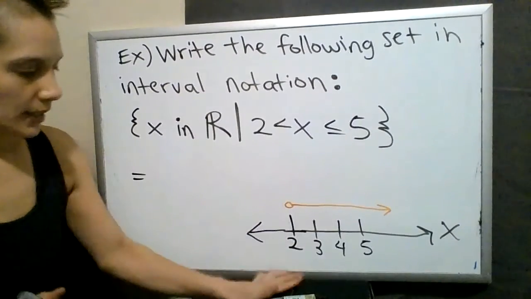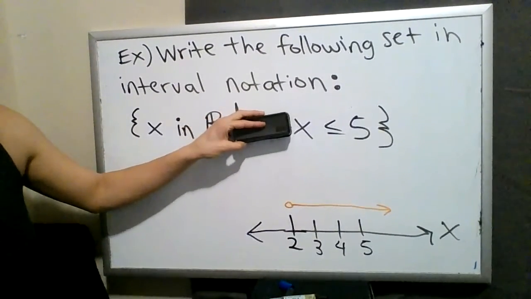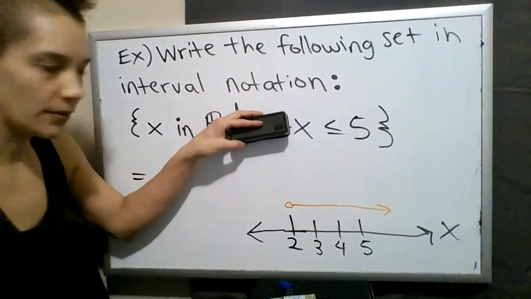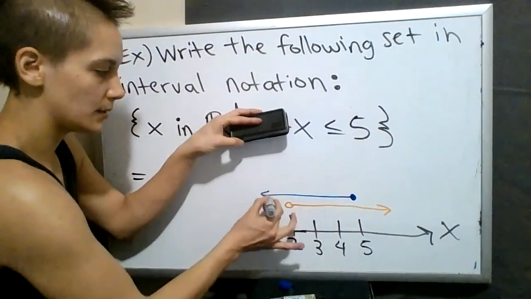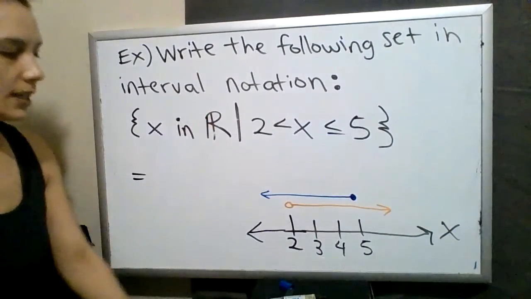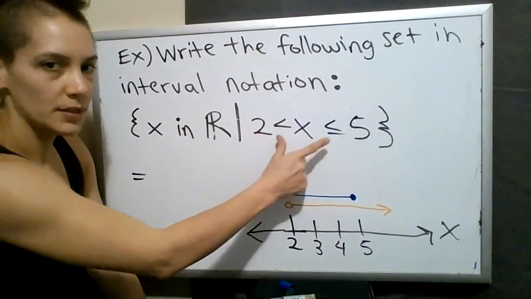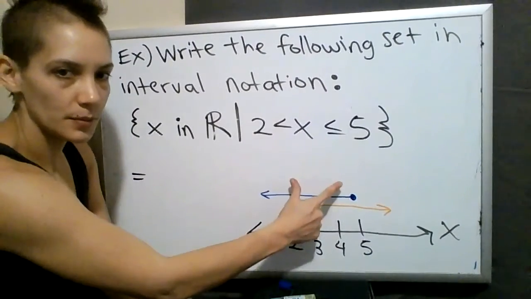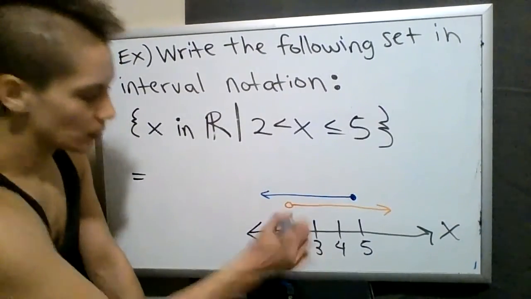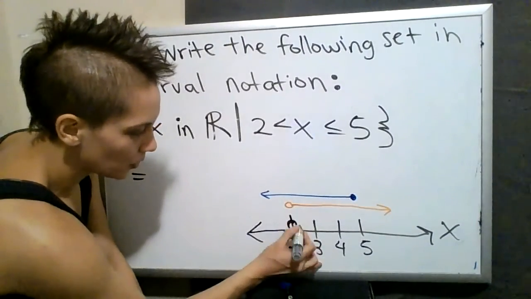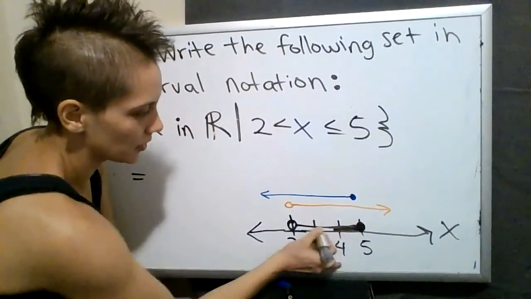The other part is x is less than or equal to 5. So you can include 5 with a solid circle, and go less than 5 this way. The solution set is the place where both statements are true at the same time, where these graphs overlap. So you're going from 2 open to 5, which is closed. And that's the shaded solution section.